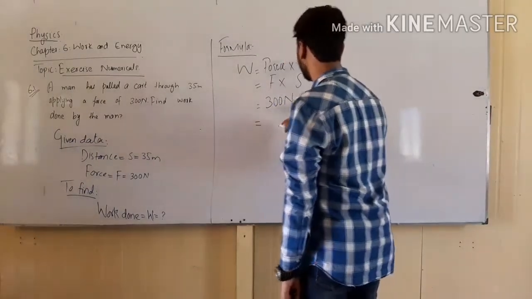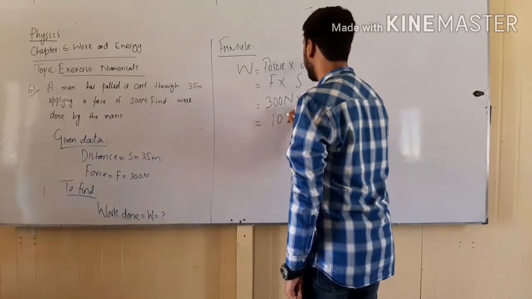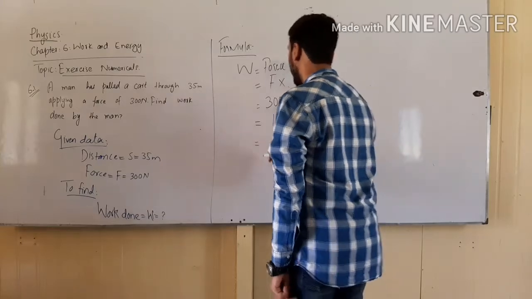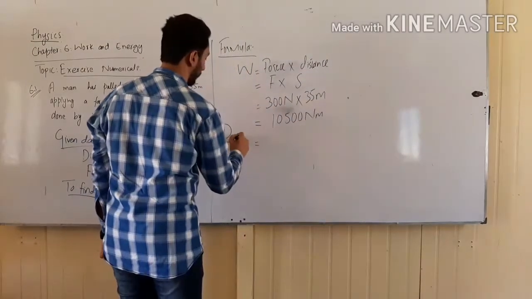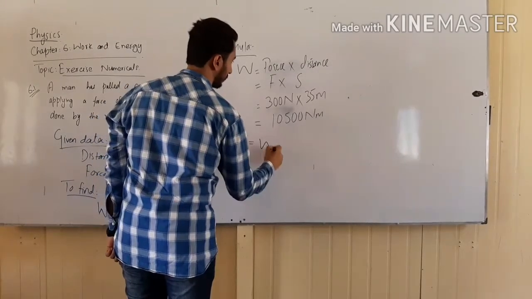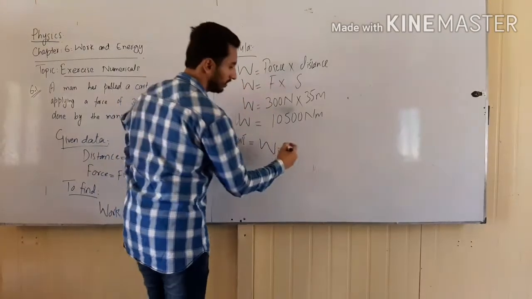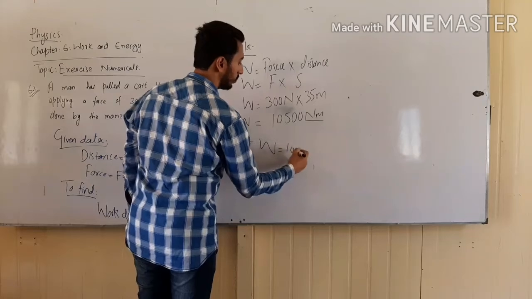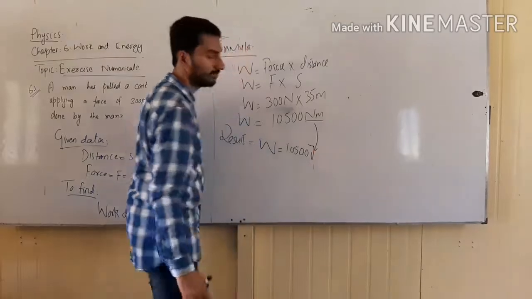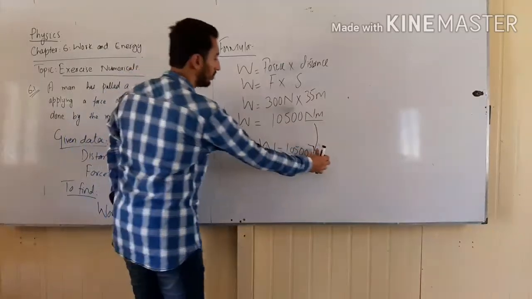So when you multiply these values, you are going to have an answer of 10500 Newton meter, which can also be written as, we have result W is equal to Newton meter is equal to 10500 Newton meter can be written as Joule. So work done we have here is 10500 Joule.